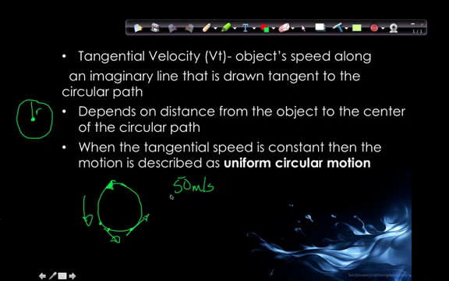But if my speed stays the same, remember, speed is basically just the number, so 50 meters per second, if it stays 50 meters per second in this entire circular path, the speed is held constant. If it's held constant in a circular motion, it's described as uniform circular motion, just like we have uniform accelerated motion. So if speed is constant in a circle, it's called uniform circular motion.